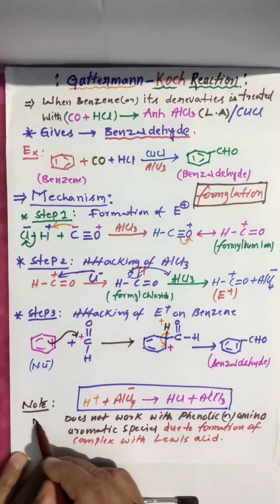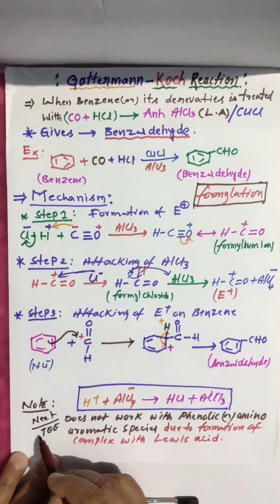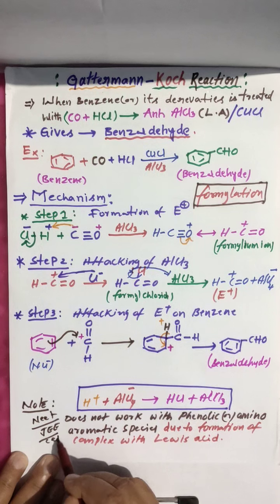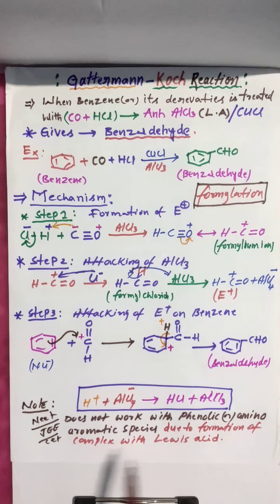You have to remember, for NEET or for JEE or for CET, phenolic or amino aromatic species cannot give benzaldehyde by the Gattermann-Koch reaction, because they can form a complex with Lewis acids. So this is how benzaldehyde can be prepared by the Gattermann-Koch reaction.